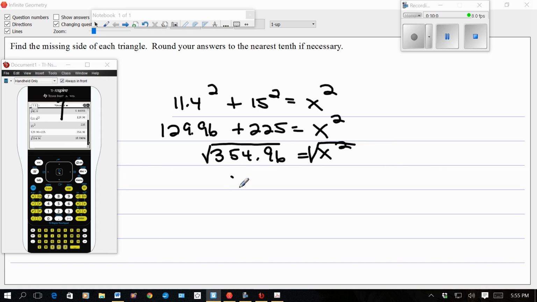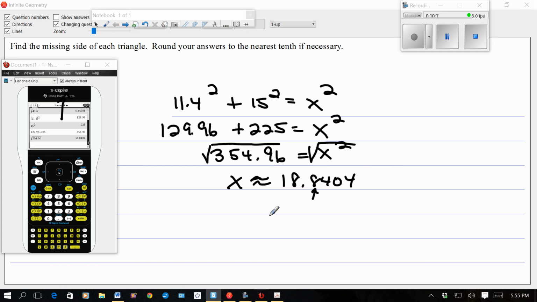So x is approximately equal to 18.8404. Round to the nearest tenth.